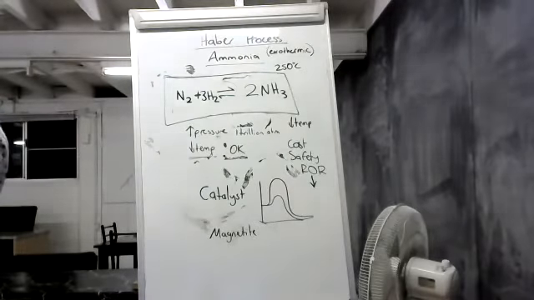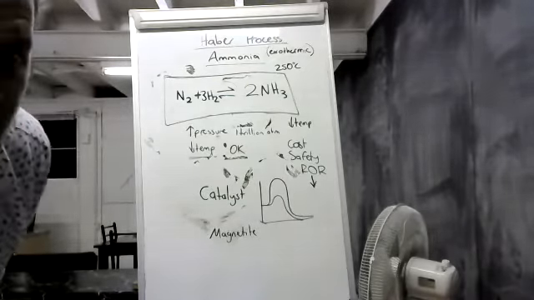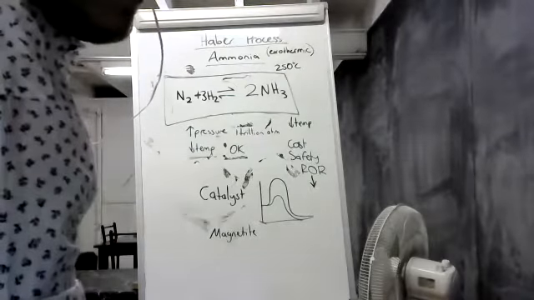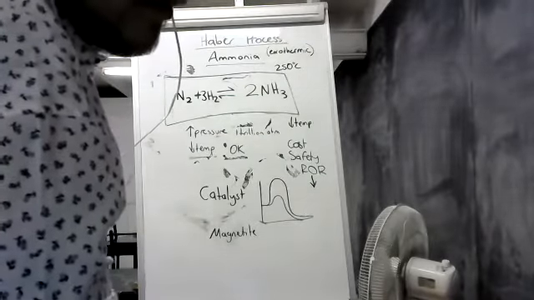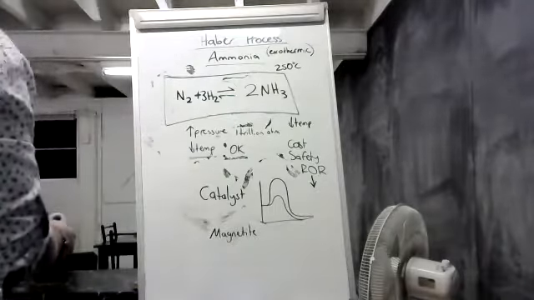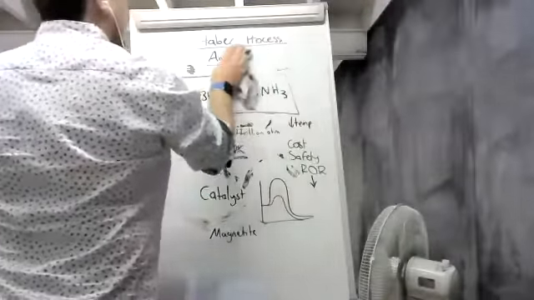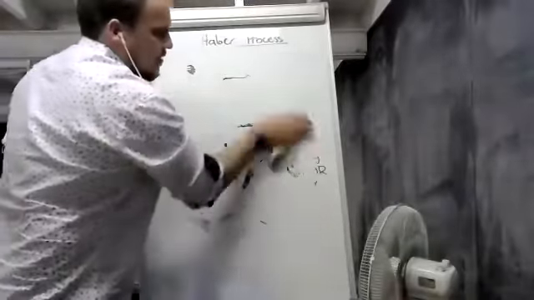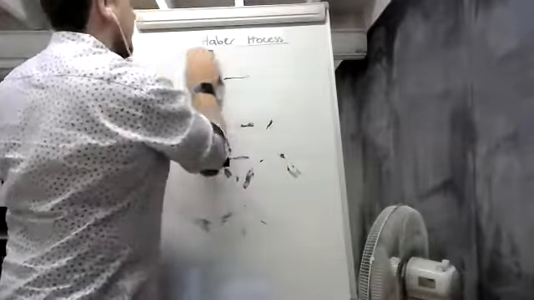There's one more that's called the contact process. The contact process is what we use to make sulfuric acid.